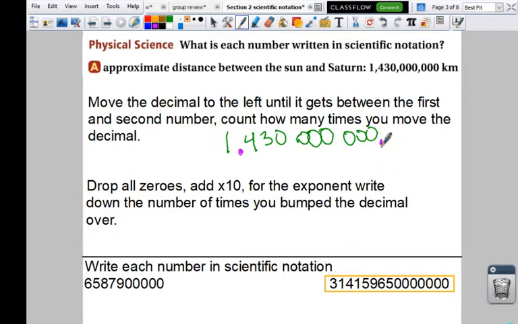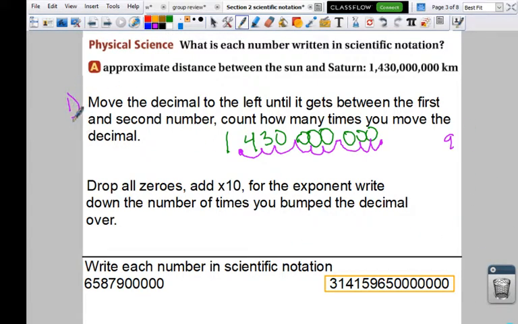If I move this decimal, I'd be going 1, 2, 3, 4, 5, 6, 7, 8, 9. So I moved it 9 times, and I'm going to write that down because I'm going to need this number in a minute. We're not going to use it yet, but we're going to need it. Okay, so that was our first step.